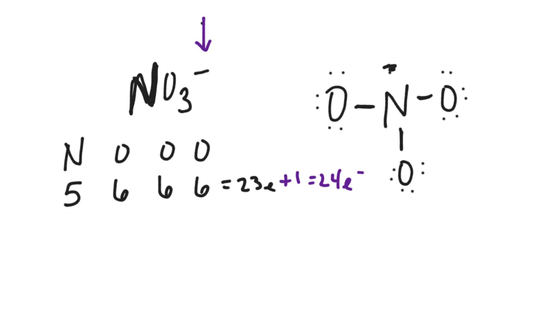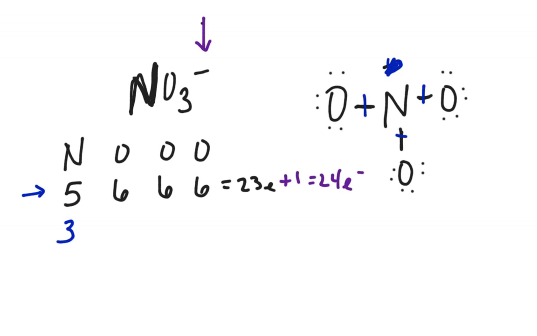What we see here, however, is that it does not follow my octet rule, right? Because my nitrogen only has 6. I'm going to come over here to my charges, and I'm going to look at their formal charge. Half of these bonds are from my nitrogen, so it has 3 actual electrons.